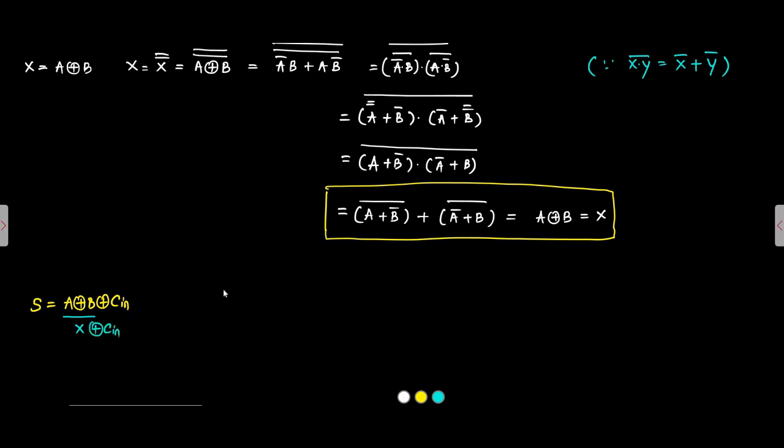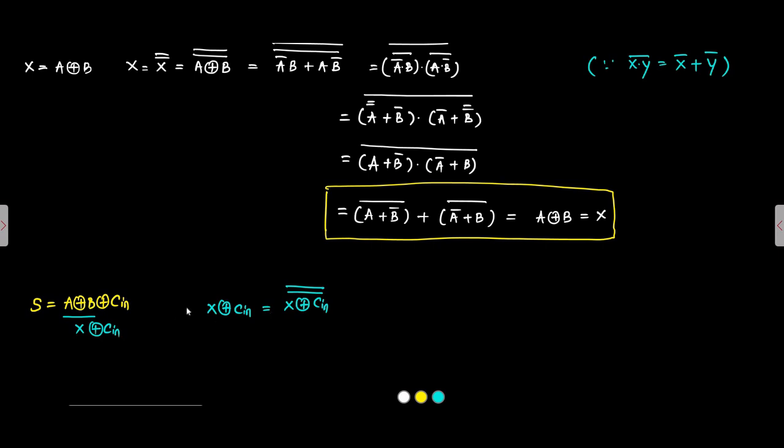So again we can do X XOR Cn equal to X XOR Cn double complement, again the entire thing X bar Cn or X Cn bar, and just substitute A with X, B with Cn. Okay, substitute A with X, B with Cn, and we'll arrive at the same expression, which will be in this format.